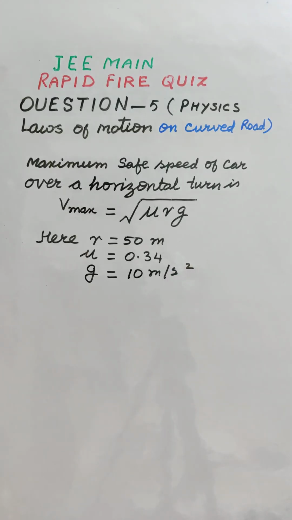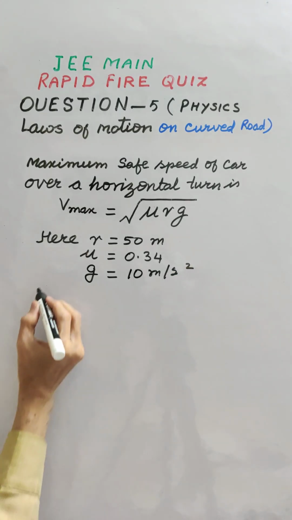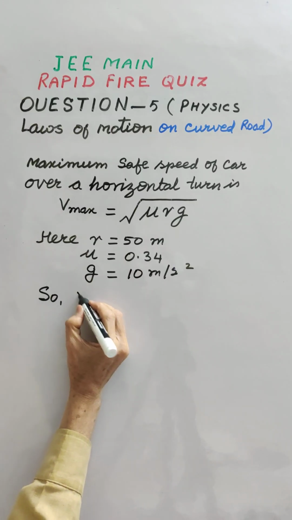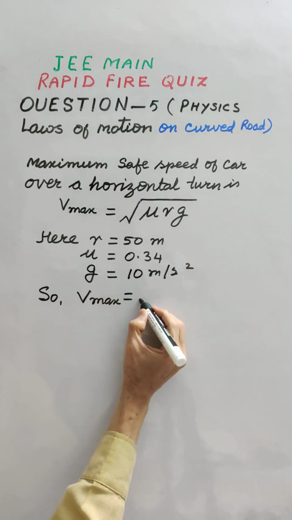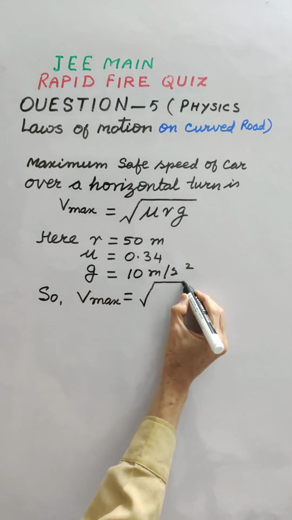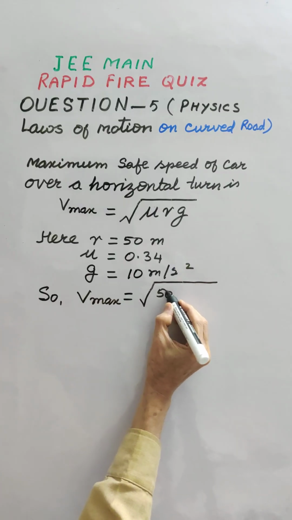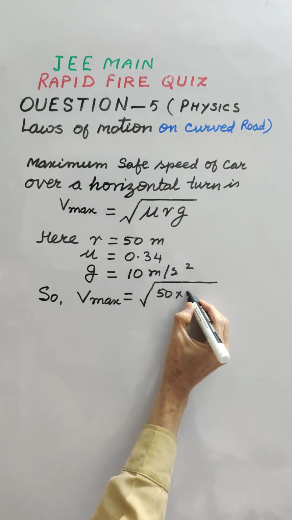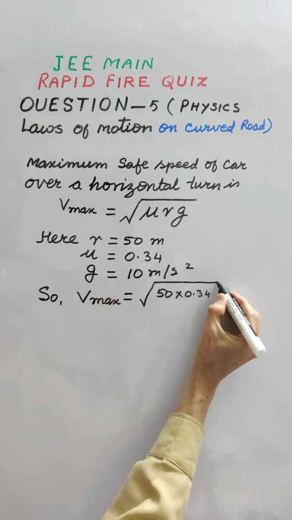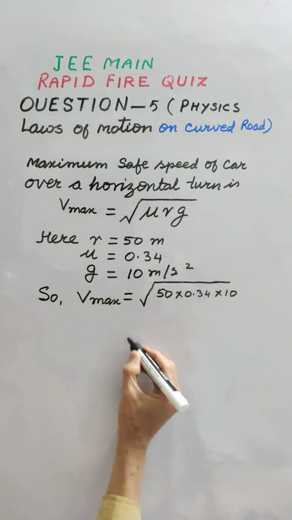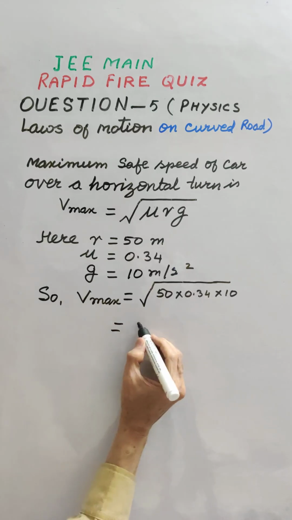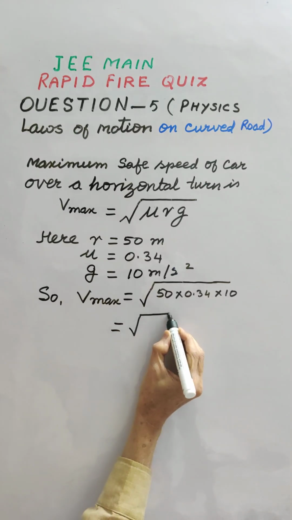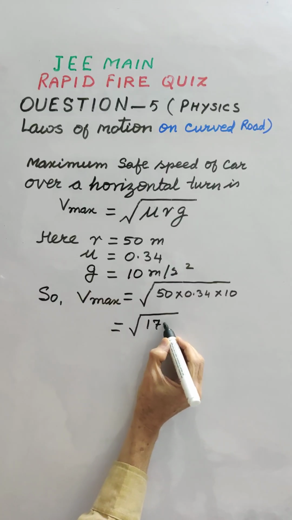Now substituting the values in the equation, V maximum, velocity maximum, is square root of 50 into 0.34 into 10, which is equal to square root 170.